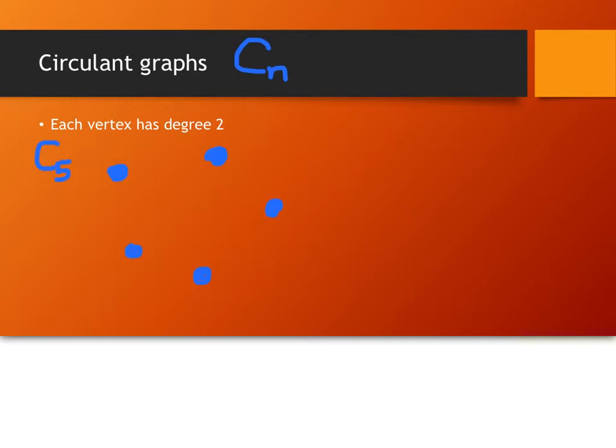The easiest way to draw a circulant graph is to just draw it as the outside perimeter where we go vertex to vertex, and we travel along edges. Okay, so C5 looks like this.